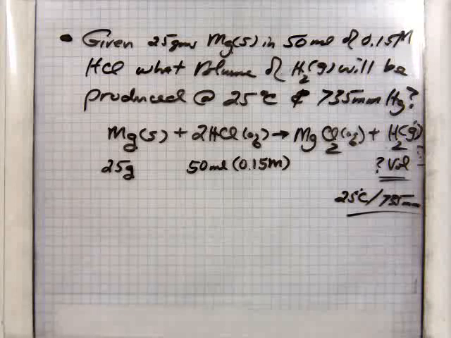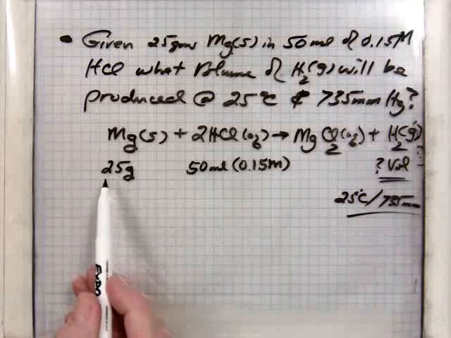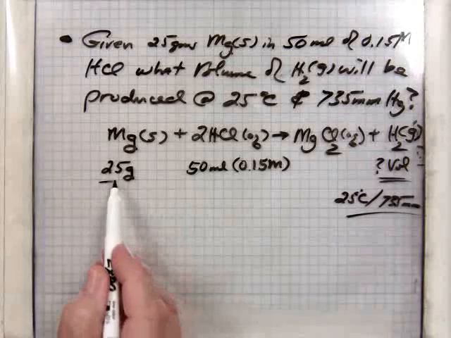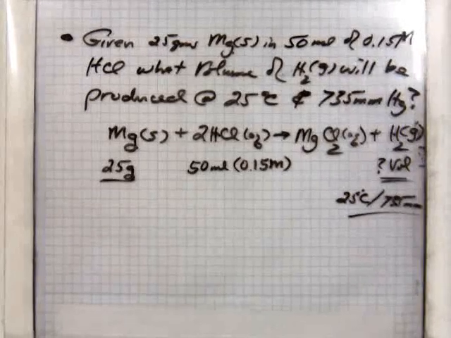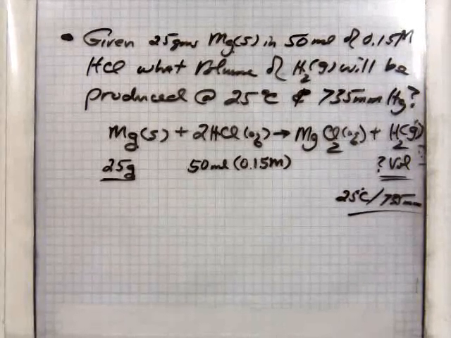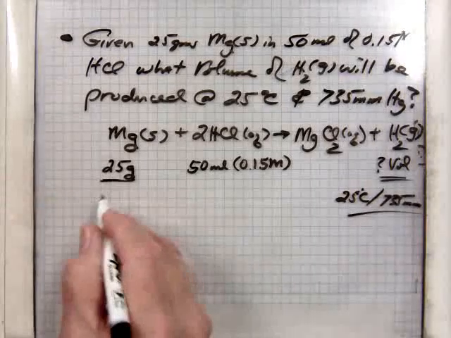First thing is convert all the data to moles. Well, we've already seen how to convert grams to moles. We divide by formula weight, and from the periodic table, that's 24 grams per mole, 24.3 grams per mole if you want.